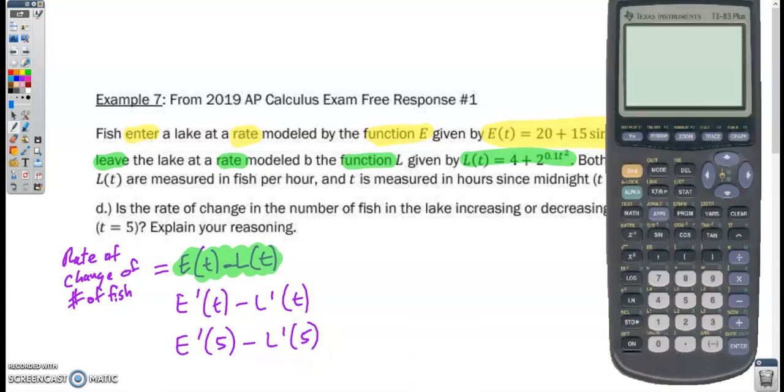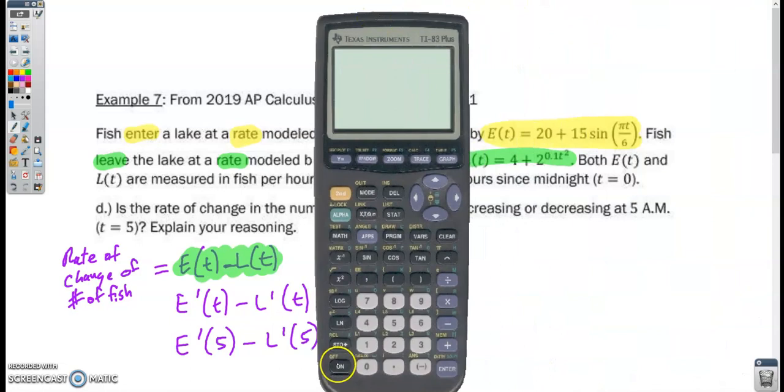I'm going to go ahead and use my handy dandy calculator to find that value for us.